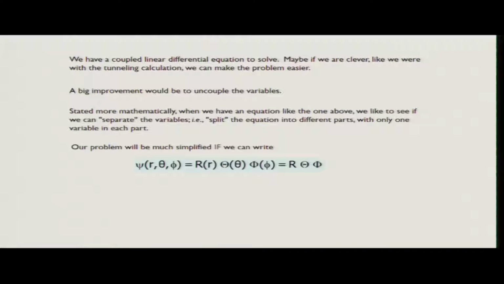Our problem will be much simplified if we can write the wave function, which is a function of r, theta, phi, in terms of 3 different functions: capital R, which is dependent only on r, capital Theta, which is dependent only on the angle theta, and capital Phi, which is dependent only on phi. That is what we are after. So, let us assume that it is possible to break it up into these parts and see what happens.